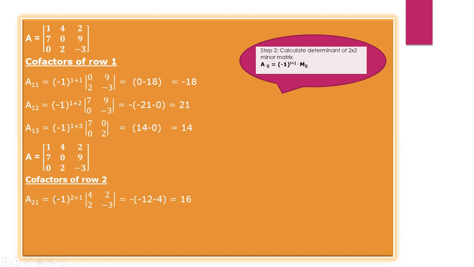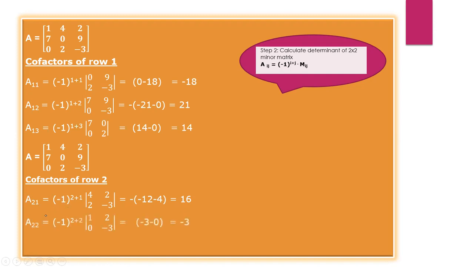Cofactor A21 equals minus 1 raised to power 2 plus 1, and eliminate second row and first column. So 4, 2, 0, 2, 2, minus 3 will form its minor, and minus 1 raised to power 3 means a negative sign will appear over there. 4 times minus 3 is minus 12, minus 4 times 2 is 4. So minus 16 multiplied by minus, so it will give us positive 16.